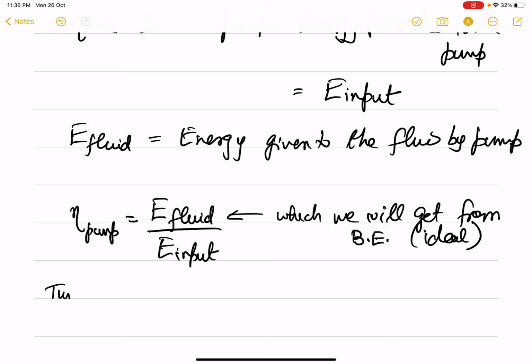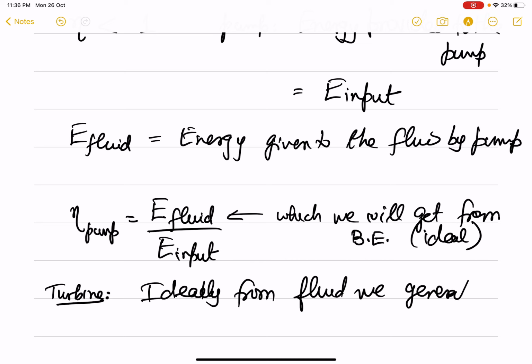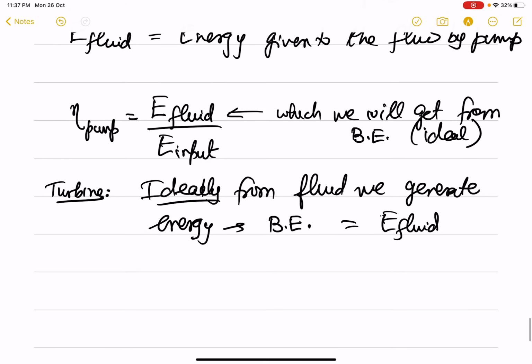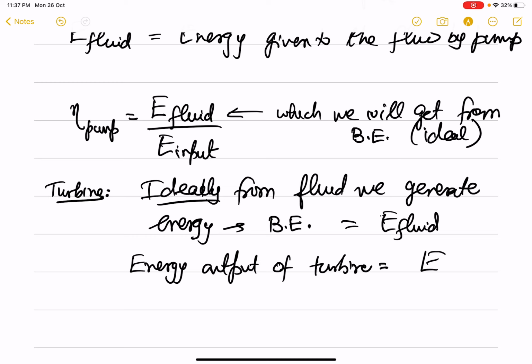Now for a turbine, it's the reverse case. Ideally, from the fluid, we generate energy. And this is the one we get when we use the Bernoulli equation, because we are talking of the ideal energy of the fluid. Let that be equal to E fluid. But the energy output of the turbine is equal to E output.